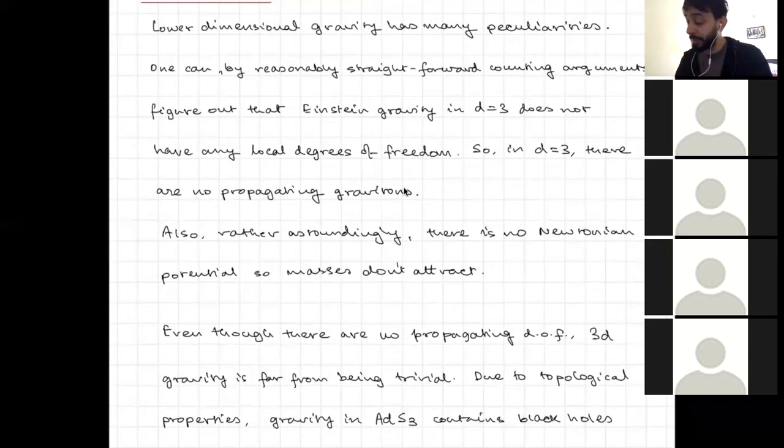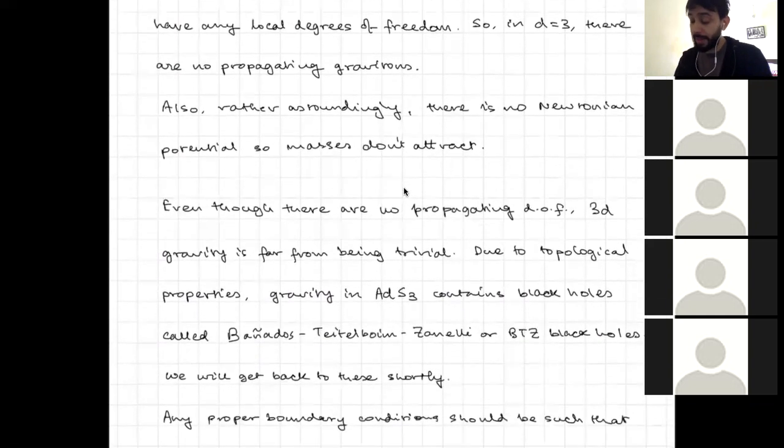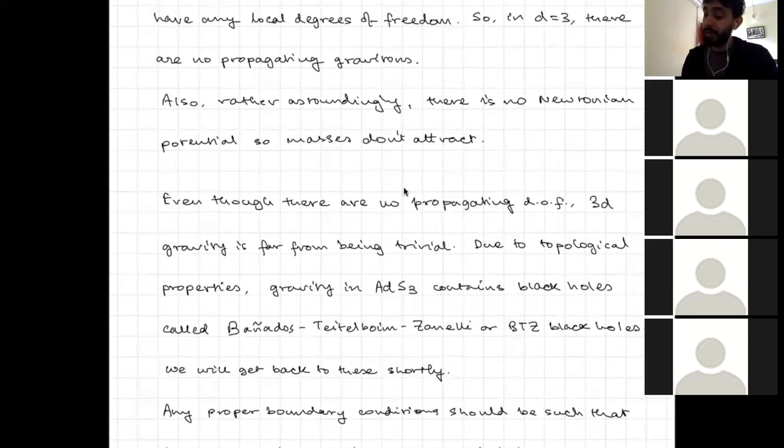So you would think that if there are no propagating degrees of freedom, it's a very trivial sort of theory at the end of the day, right? But it turns out that gravity in 3 dimensions is very far from being trivial, and we will see this, that it's due to the topological properties.